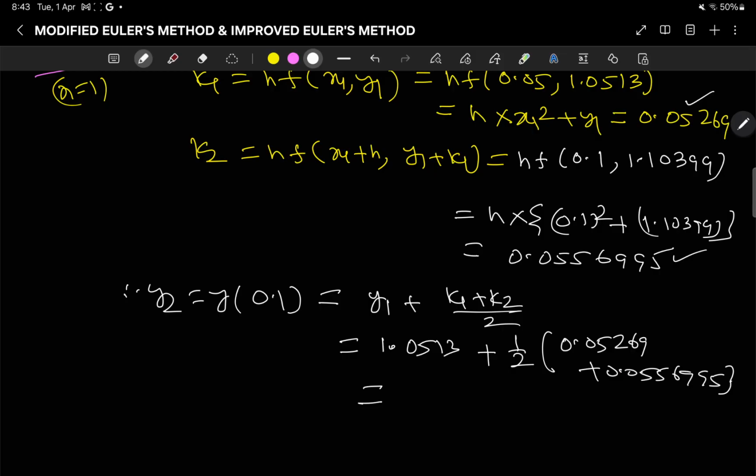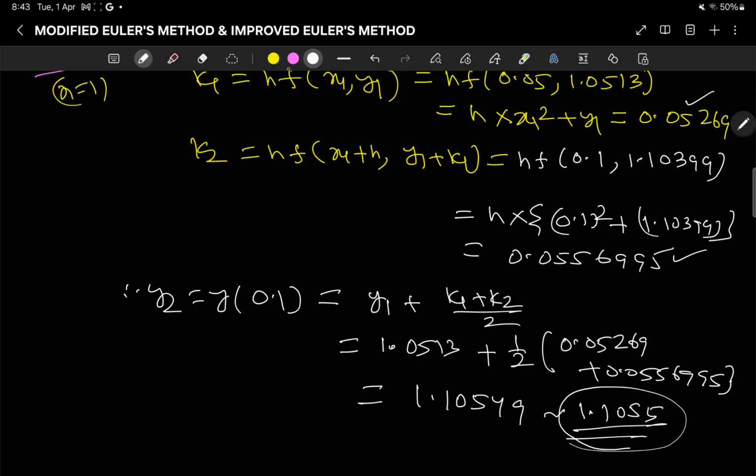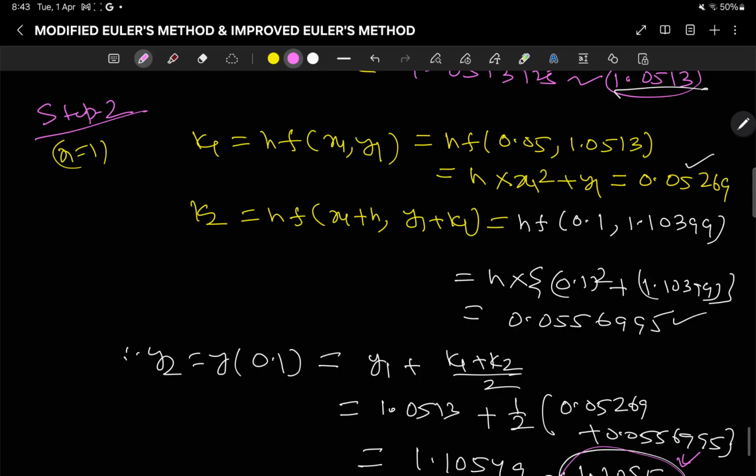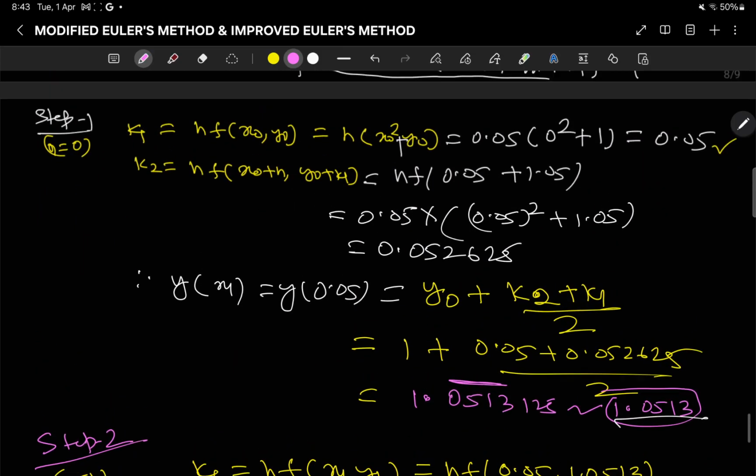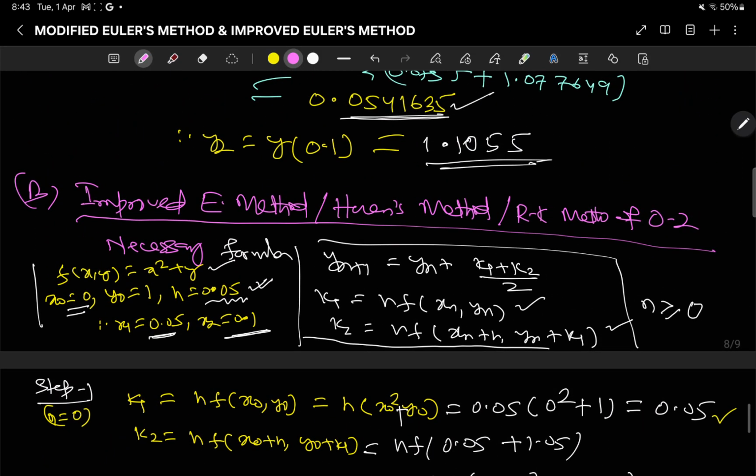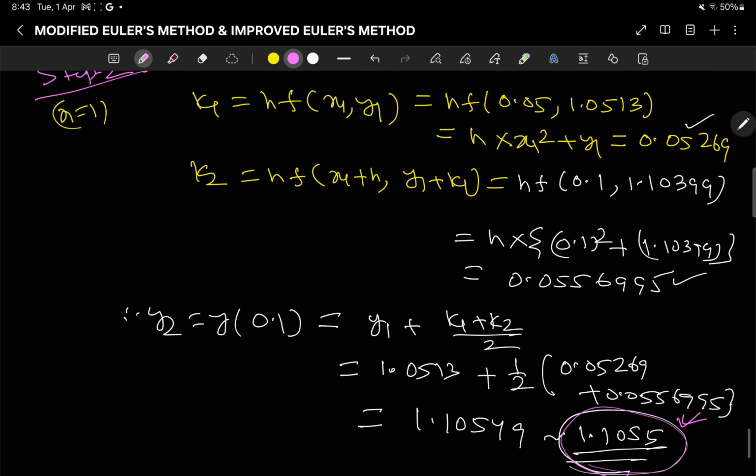If you simplify it, it will be 1.10549. If you round it up to 4 decimal places, 1.1055. So you see this formula also agrees with the earlier method, 1.1055, right?